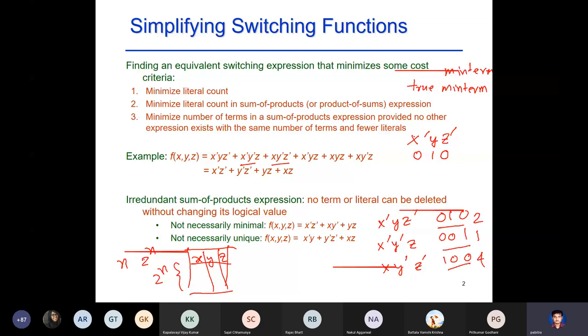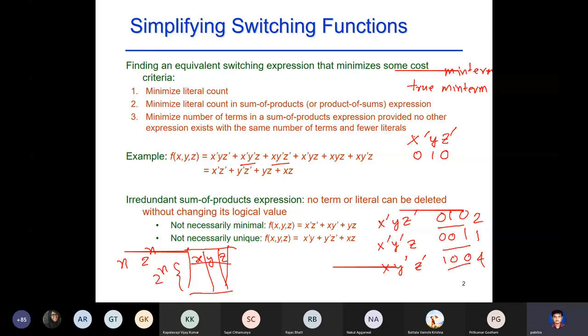You know this rule: if you have any expression capital A and a variable A, the expression times A is a product, for example xy, where the expression is xy. So xy A plus xy A prime is xy.